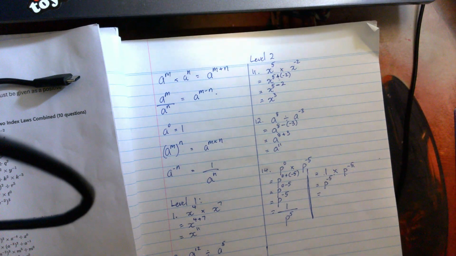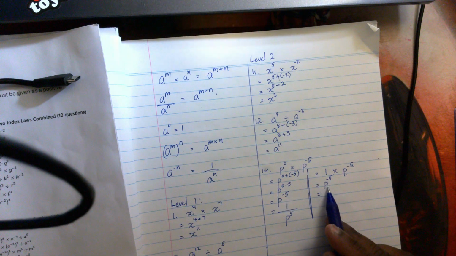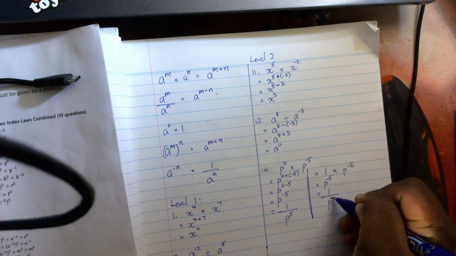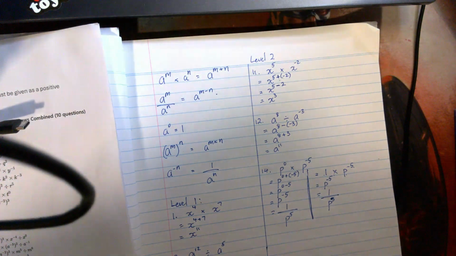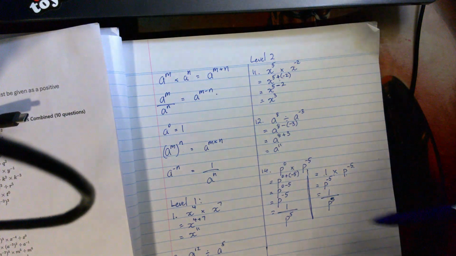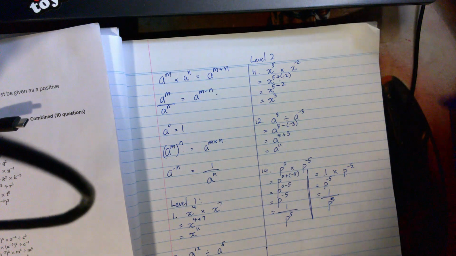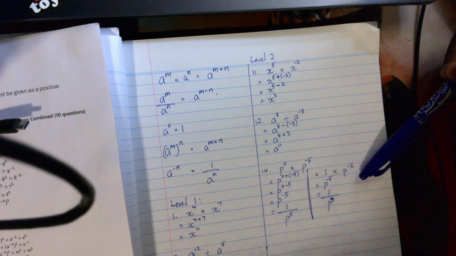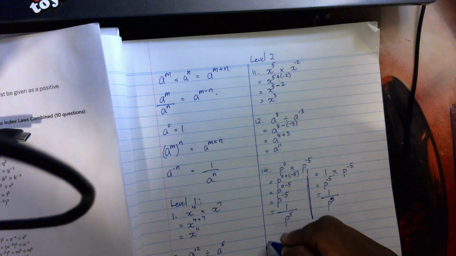And we know that anything to the negative power, we write it as 1 over p to the positive power. So, again, either way is correct. It's up to you which one you want to use. Some people understand this, some people like this. Both are correct. It's up to you.